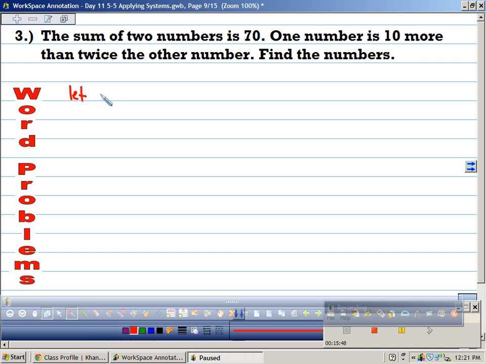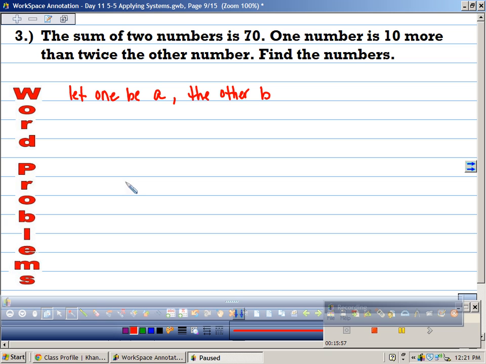So let one be A, the other B. So how do I write the sum of those two numbers? Leanne, how do I write the sum of those two numbers? If we're calling them A and B, how would I write the sum of A and B? What does sum mean?